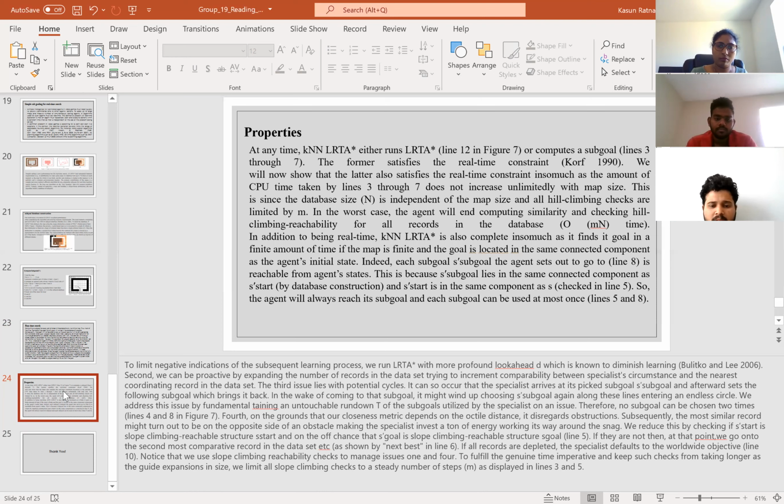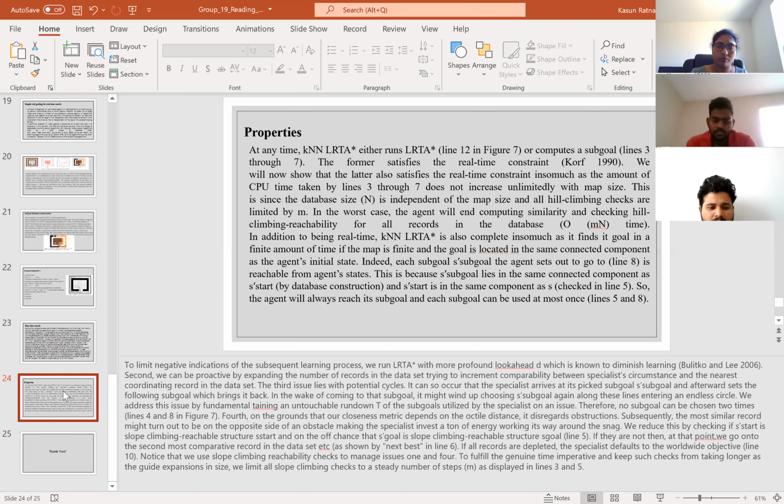It can so occur that the agent arrives at its picked sub goal, and afterwards sets the following sub goal, which brings it back. And after coming to that sub goal, it might wind up choosing the same sub goals again, entering an endless loop. We address this issue by maintaining a tabu list T of the sub goals used by the agent on a problem. Therefore, no sub goal can be chosen twice.